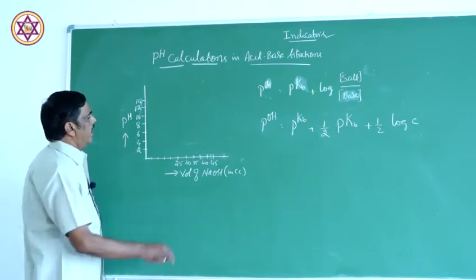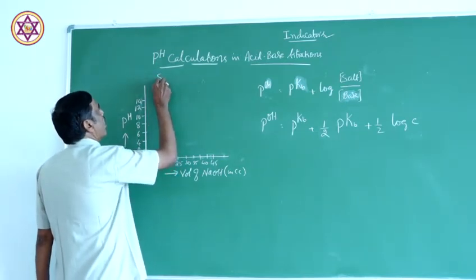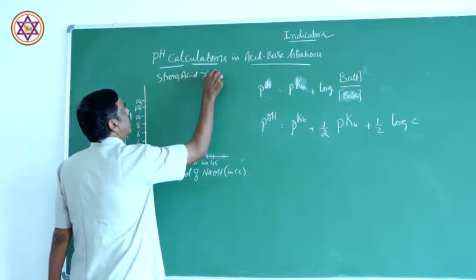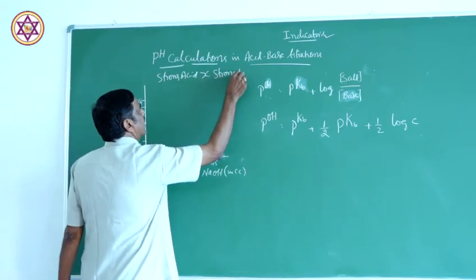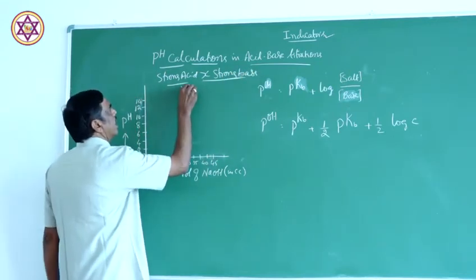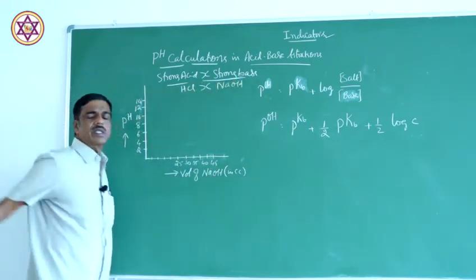First, let us take the titration of a strong acid versus a strong base. For example, let us take the titration of HCl versus NaOH.